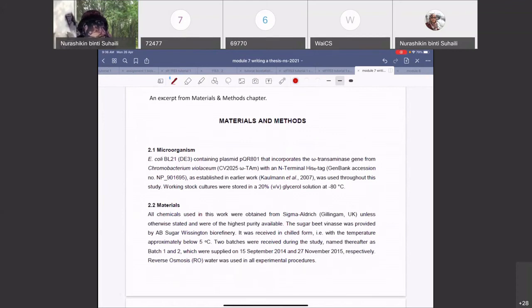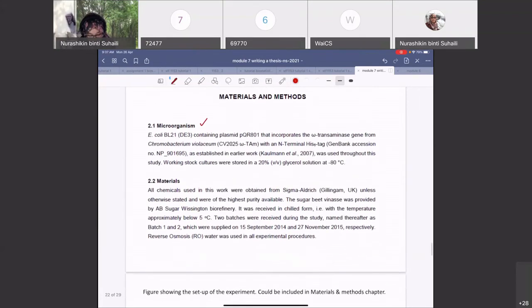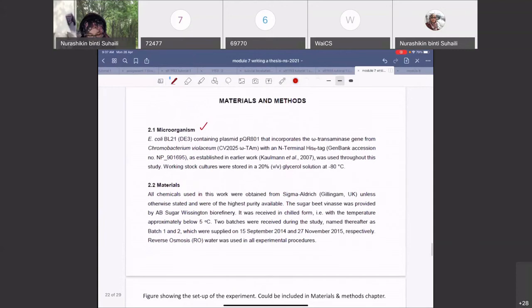Normally the first section should be the microorganism or organism, because in biotech we normally deal with organisms, so that's the first section to be stated. And then the materials are not really compulsory to list down, because the materials will be included in all the methods that you mention.